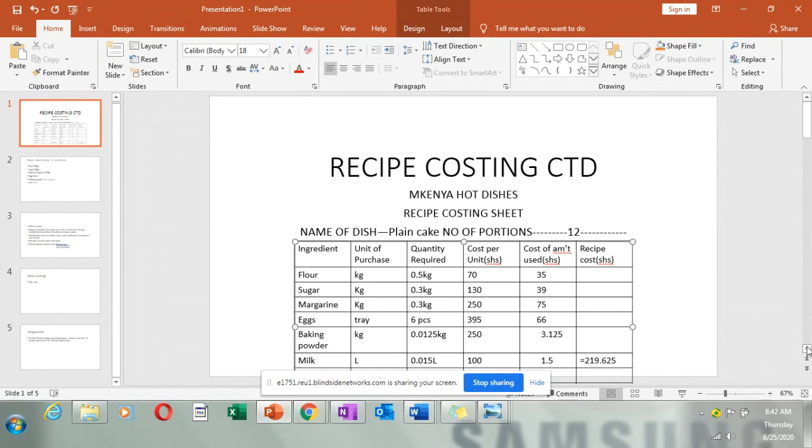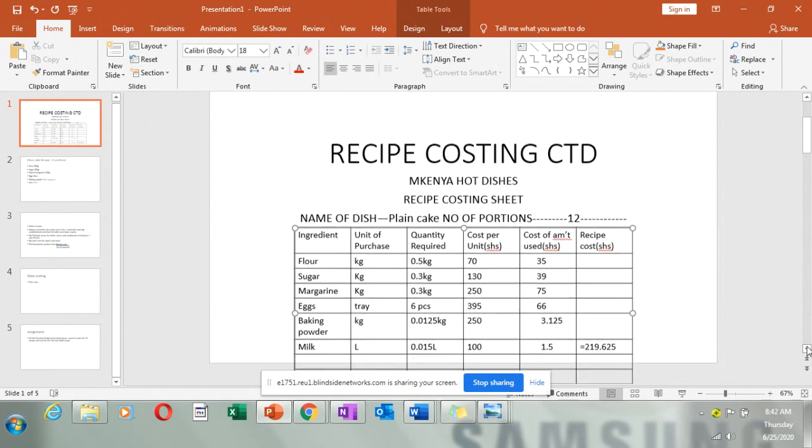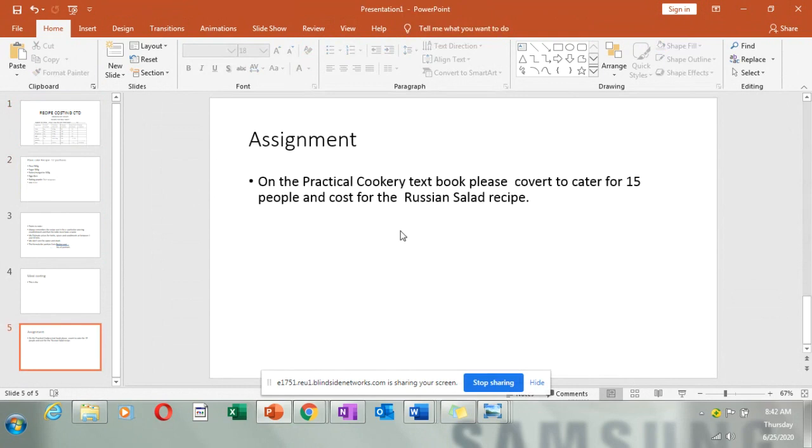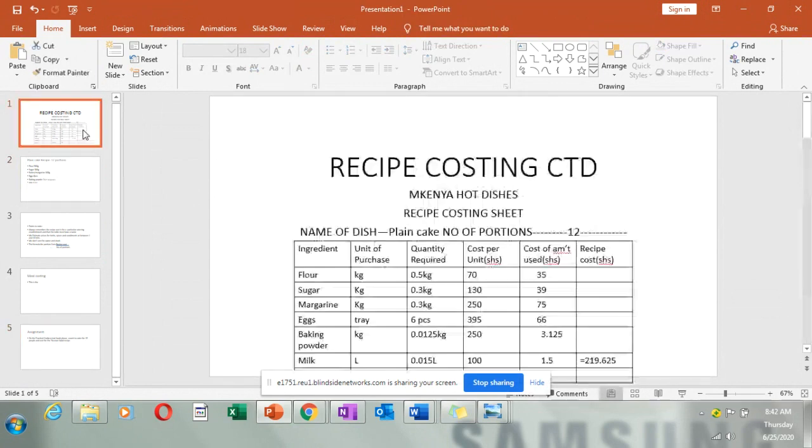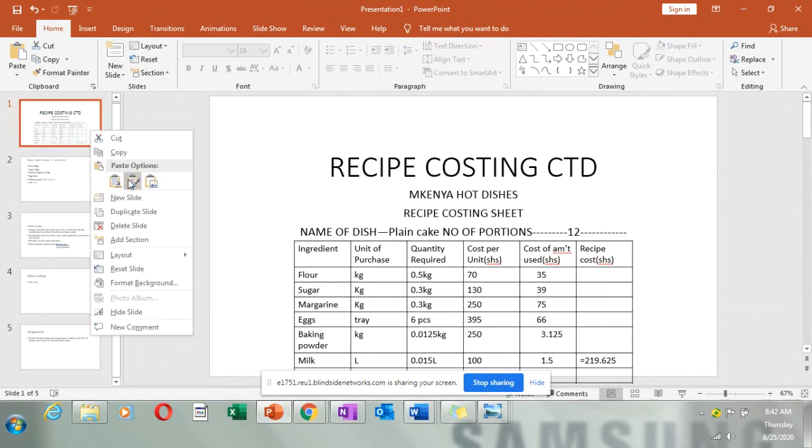Okay, and of course, after that, we need to calculate what? We need to calculate the portion cost.